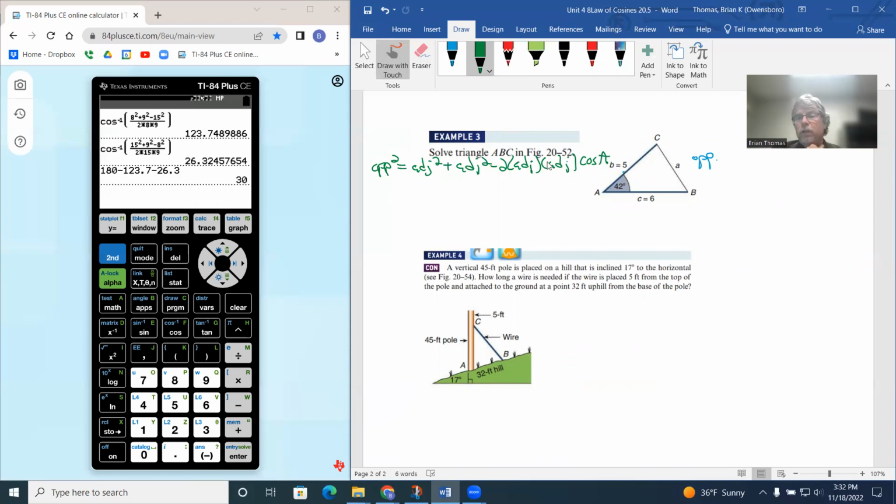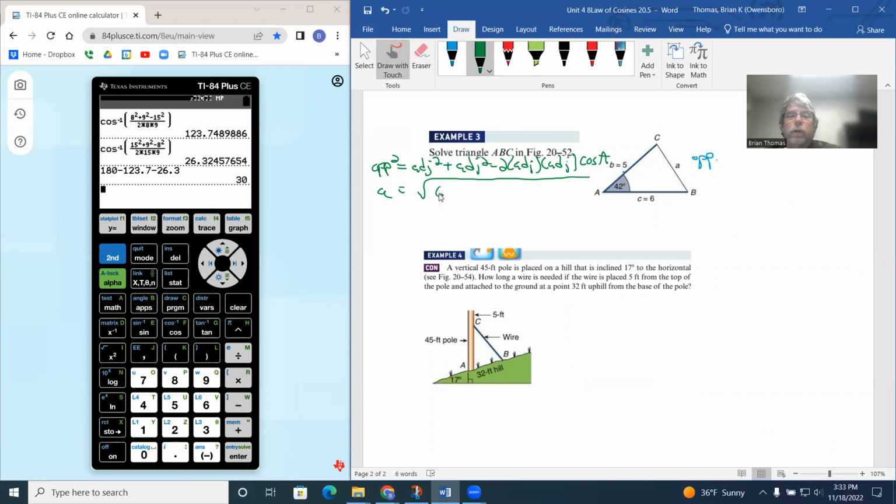So you can kind of see why they like these letters, but if you don't know what those letters stand for, then it's confusing. So I'm actually finding A here. So to find A, we still got to take the square root of all this. Remember, you're supposed to get a plus or minus, but sides of triangles cannot be negative, so we can ignore that.